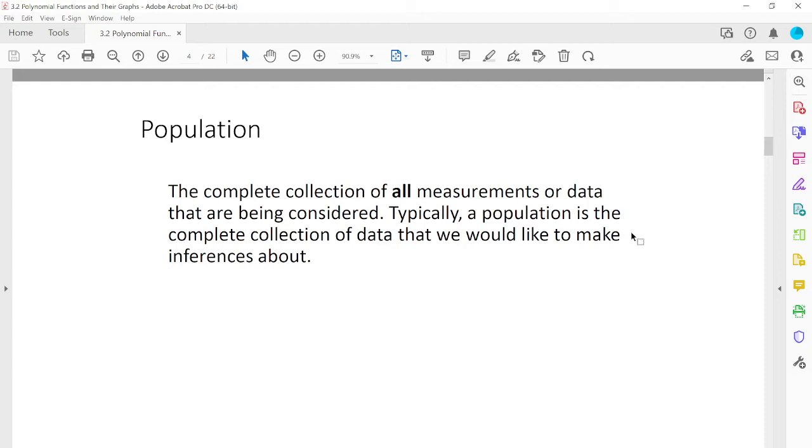For example, let's say we would like to find out the average household income in the United States of America. Then the population is everyone, all the people who live in the country. So population means everything.